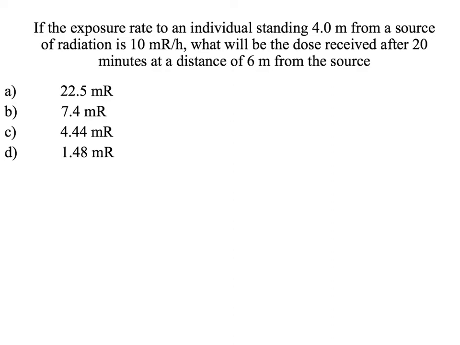So the first thing we're going to do, though, is start putting this stuff into the inverse square law, right? So what we need to solve for is going to be a radiation exposure. The first thing that we need to solve for is just what the milliroentgens per hour are at this other distance, right?